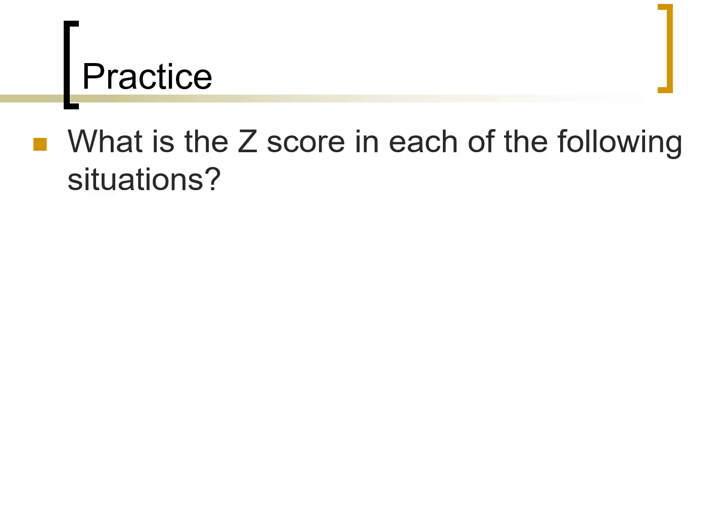So let's do some practice problems. What is the z-score for each of the following? And remember to pop this into our formula. It is our x-score, raw score, minus our mean, divided by our population standard deviation. So in this case, we have 10 minus 8, which is 2, over 2 for a z-score of +1.